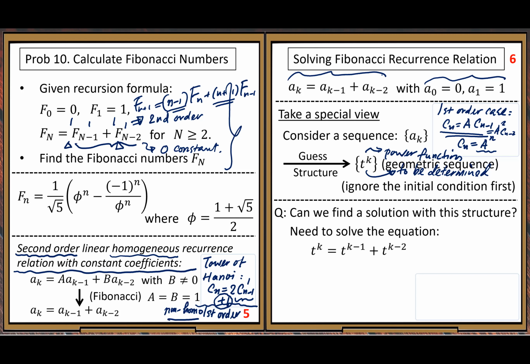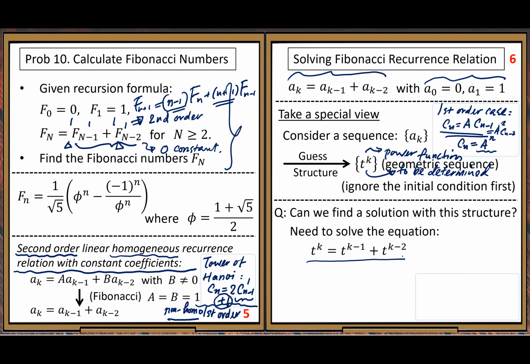Similarly, a_{k-1} is t to the k minus 1, and so on. Just solving this simple equation should not be too hard, right? Because there is only one variable, t. So we should be able to solve this equation.